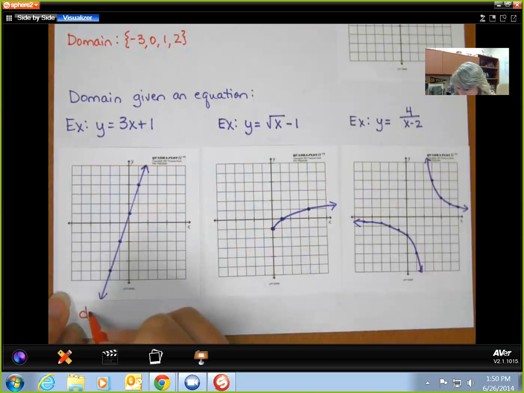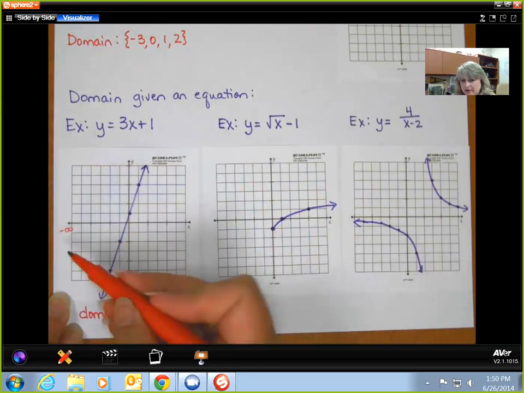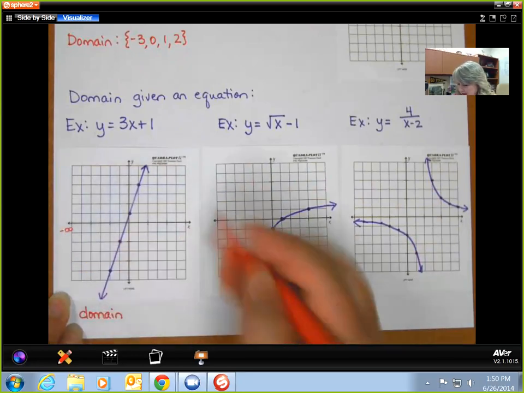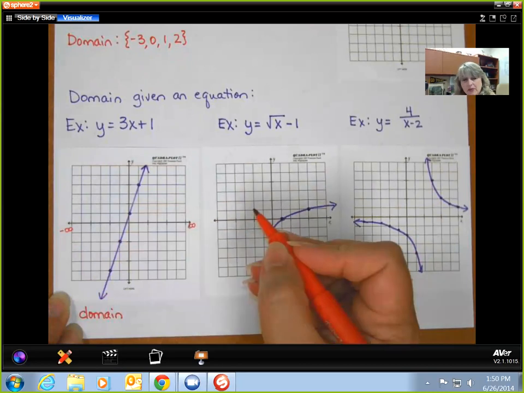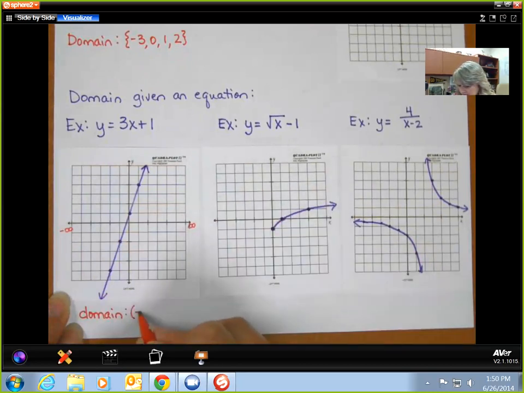So the domain, when I say all real numbers, that means I go from -infinity, that's where the graph begins, all the way to +infinity. So I'm going to write it in interval notation. It goes from -infinity to +infinity. And you always use parentheses when you're using infinity or -infinity.